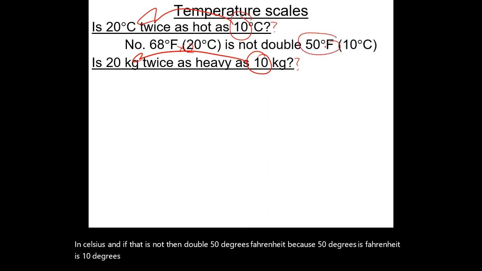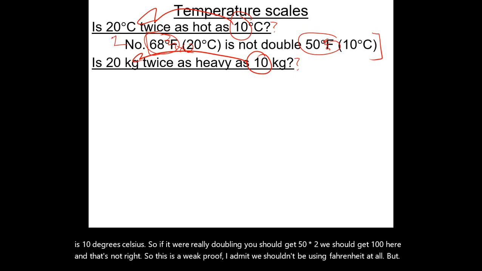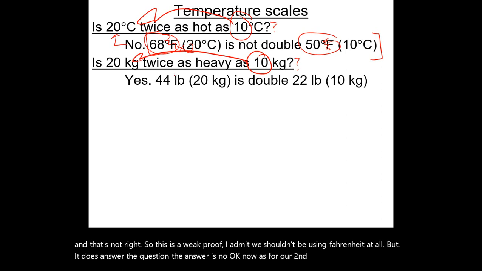So if it were really double, then we should get 50 times 2, 100 here, and that's not right. So this is a weak proof, I admit. We shouldn't be using Fahrenheit at all, but it does answer the question. The answer is no.